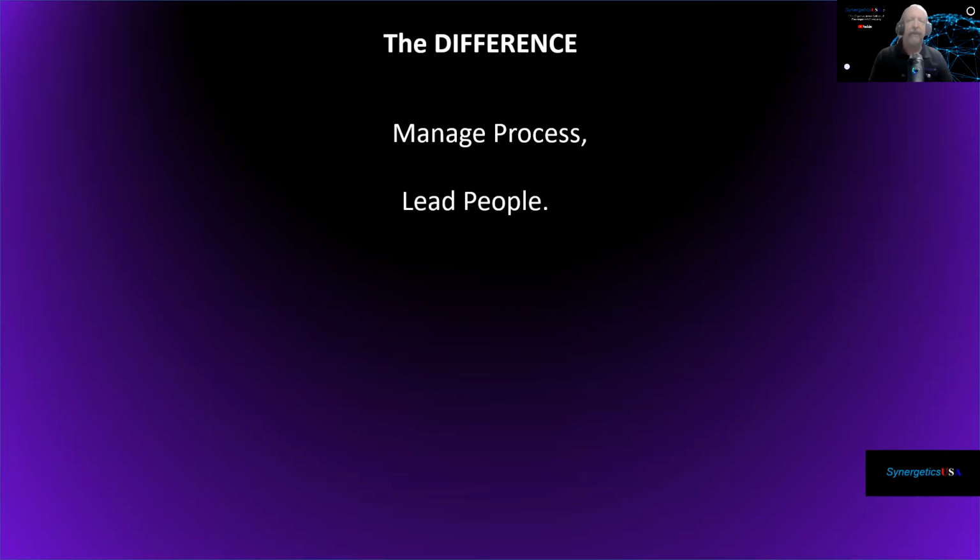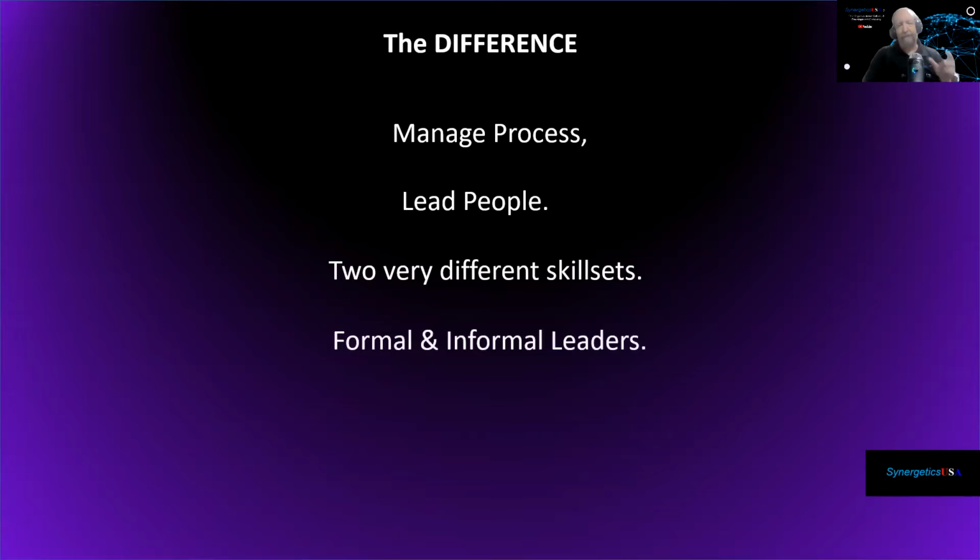They're human beings, and we need to have human interaction. So let's talk about this. There are two different skill sets when it comes to management and processes and how to lead and inspire and support people. So it's important that we understand that difference and that we lead with that difference in mind.